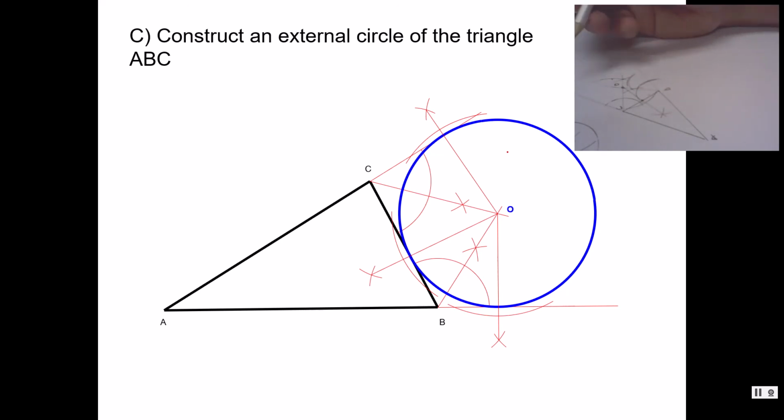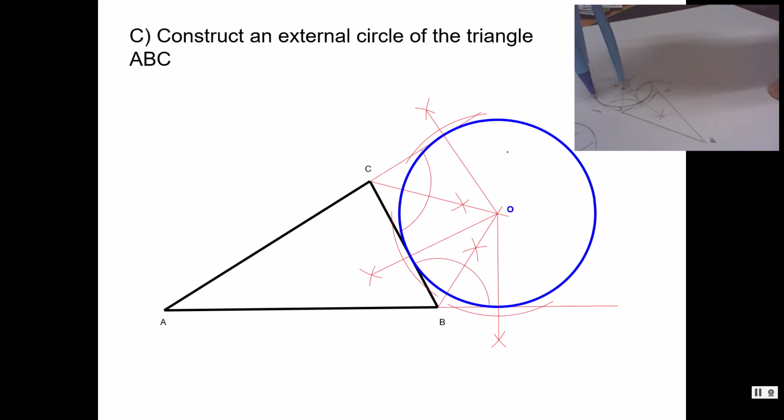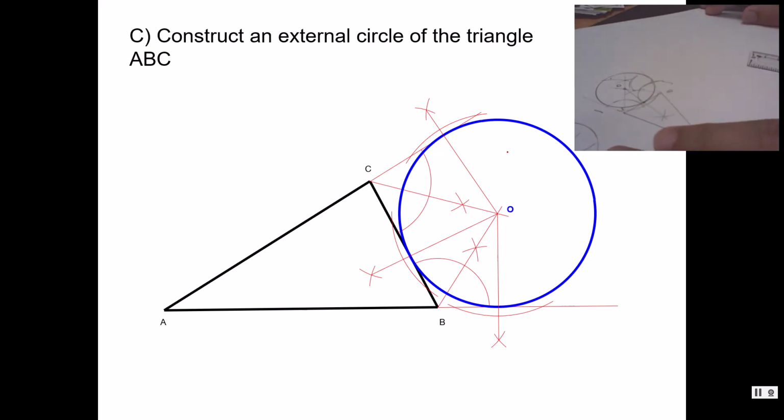Basically you need to do the same for the bottom part and the top part, but I just want to skip that because we already have the distance from point O to the point that touches the line B and C, so we can already draw the circle. It's not exactly very neat, but it's okay to give you some idea on how to draw it.